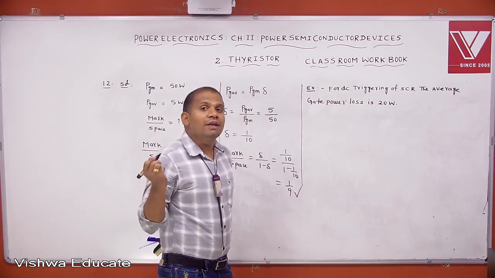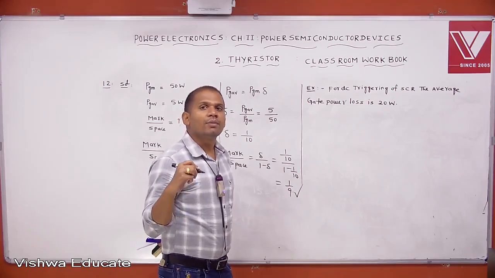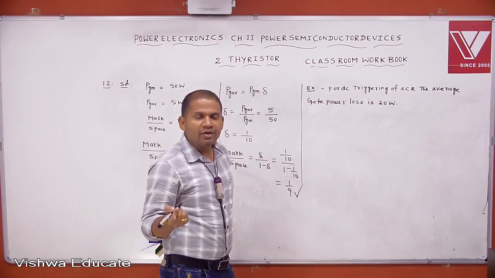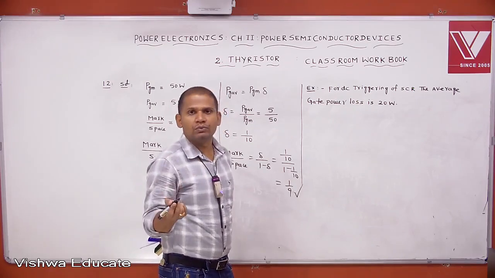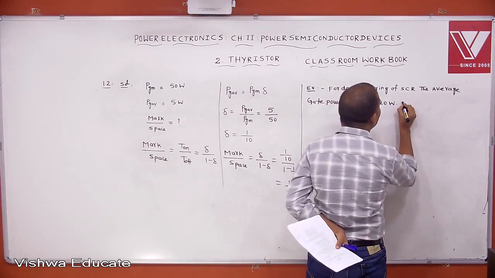If pulse triggering is applied with a duty cycle of 0.2, then the average gate power loss is dash.